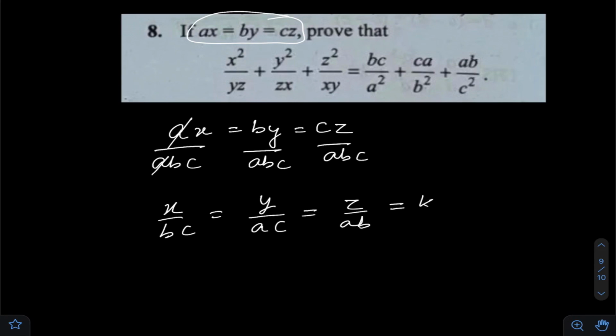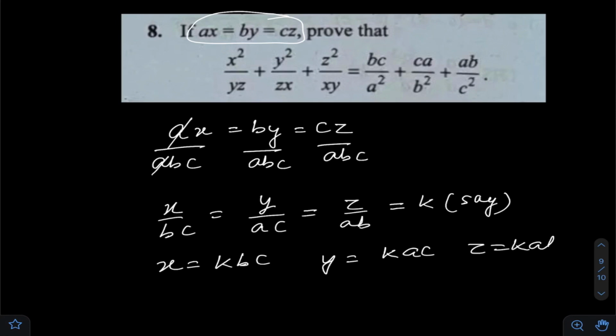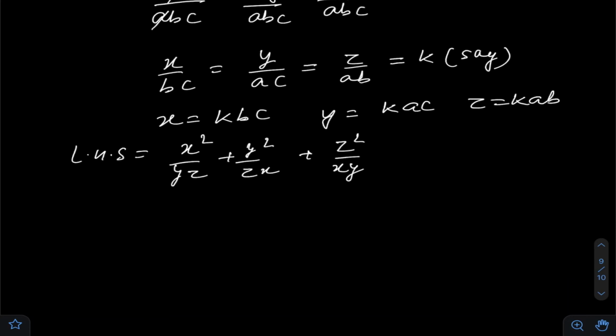Now let it be equal to k, and x is coming kbc, y is coming kac, and z is coming kab. Now put the values here.